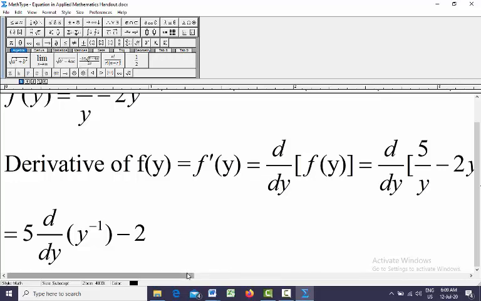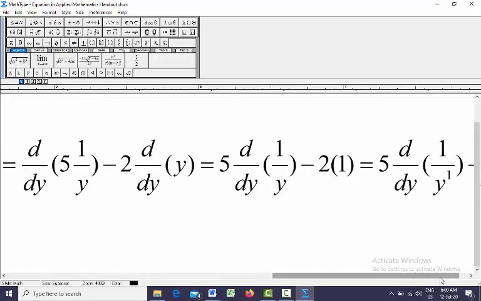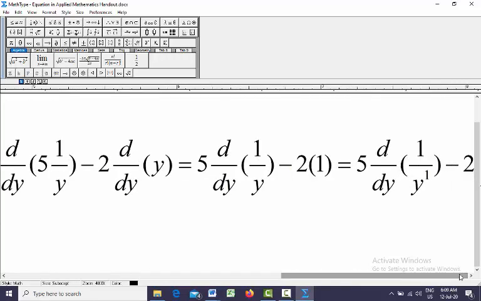So I'm saying again, if you want to do the differentiation of this one, what do you have to do? You have to bring these one up first. So when you bring these one up, the variable, the exponent with the variable, that means the power with the variable, will become negative.